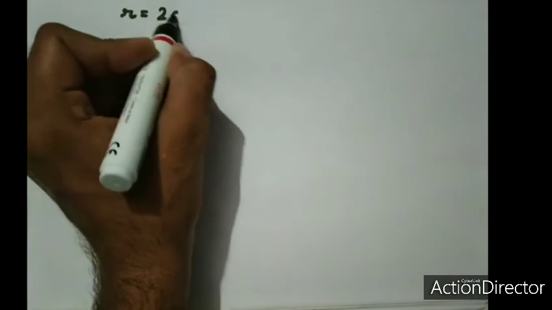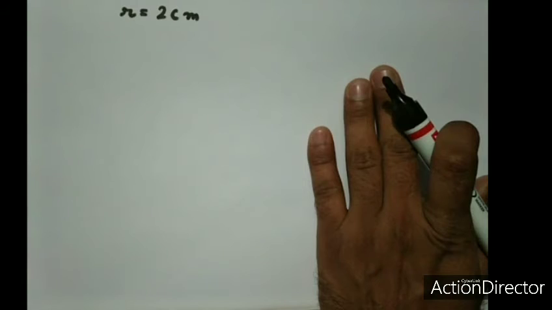Now students, here we will learn how to draw a circle if the radius is given. So how do we draw a circle here? If the radius is given, like radius equal to 2 centimeter, and here we also make another circle.